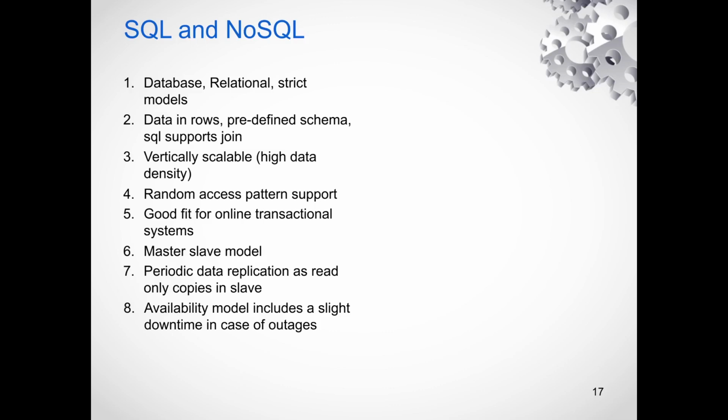So this is the typical SQL characteristics. Relational, we've got joins, foreign keys, referential integrity, unique keys. It's a master-slave model. In databases, you typically have a single entry point. And that entry point, the server hosted at that entry point, is responsible for all your transactions.